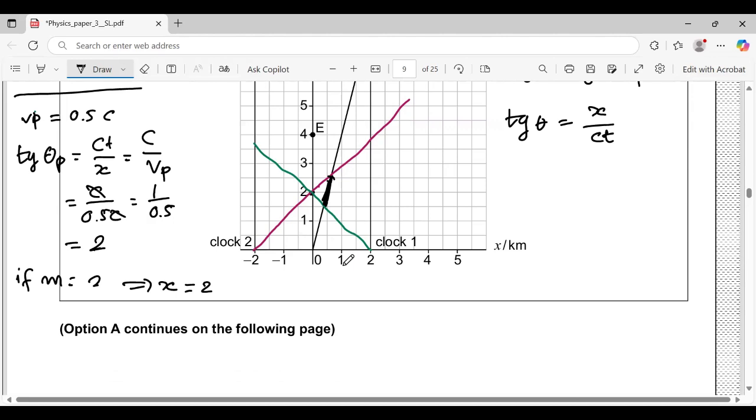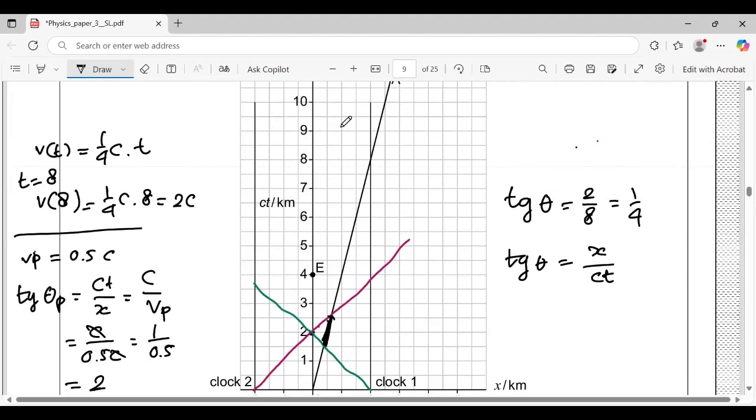If x equals 2, ct over 2 equals 2 and ct equals 4. So the coordinate point becomes 2, 8, here at the intersection.